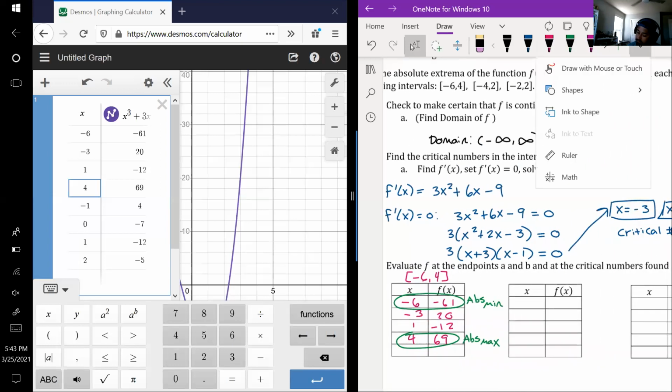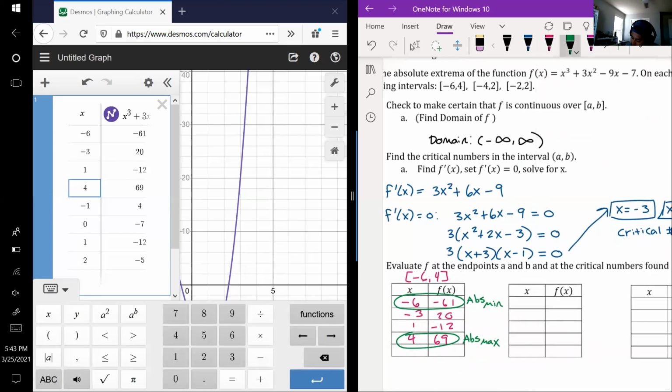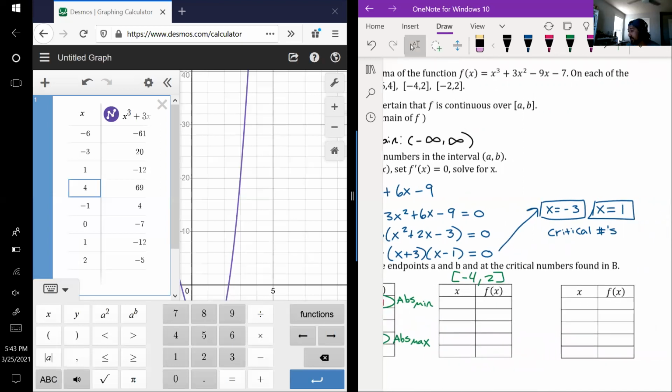And now we have another interval, -4 and 2. Do my critical numbers fit in that interval? Yes.